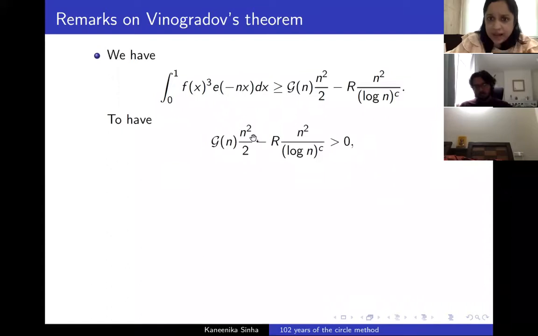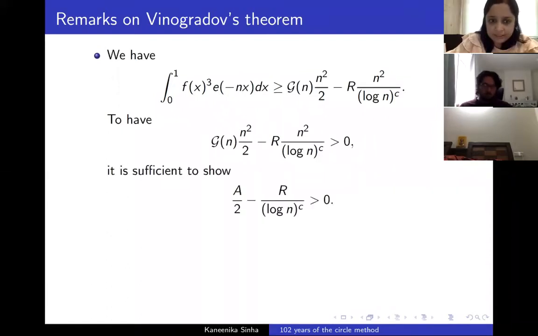To have this be positive, you can cancel off n squared, and since g of n lies between a and b, it would be sufficient to show that a over 2 minus r over (log n) to the c is greater than 0.